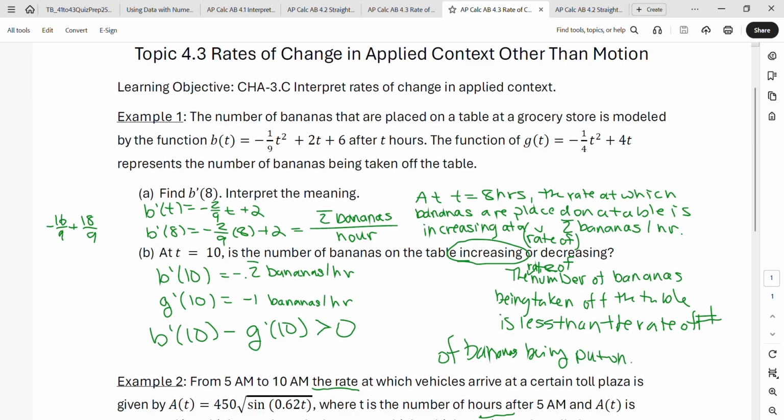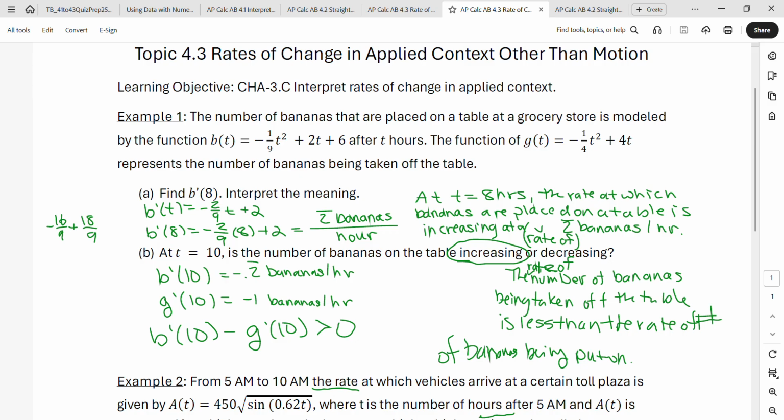So we did that small adjustment at the end of class on Friday on example 1. When you look at the rate of bananas being put on, comparing it to the rate of bananas being taken off, because that's what G is, you take the difference of those.